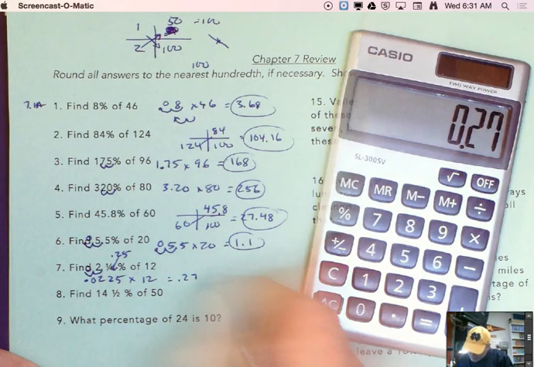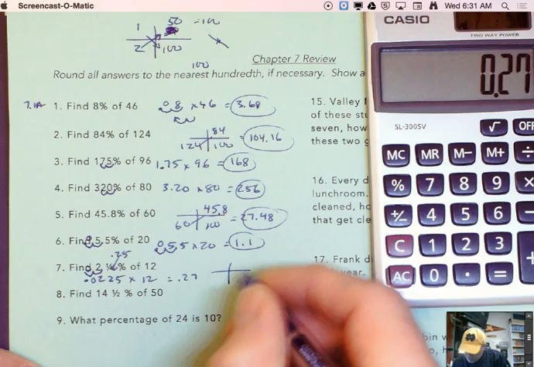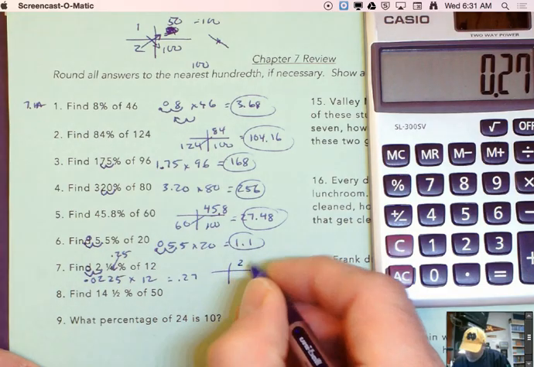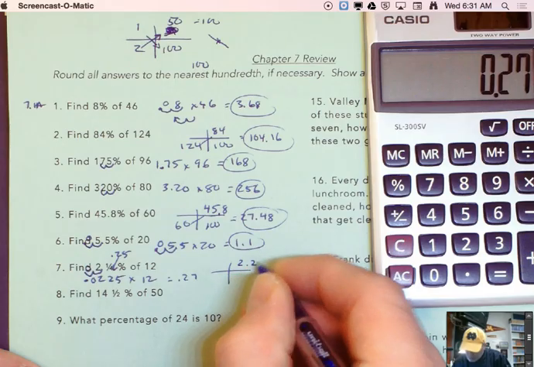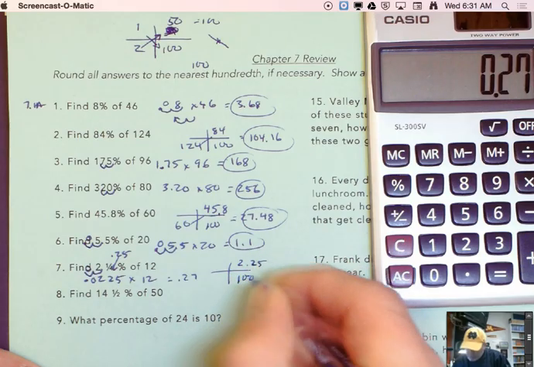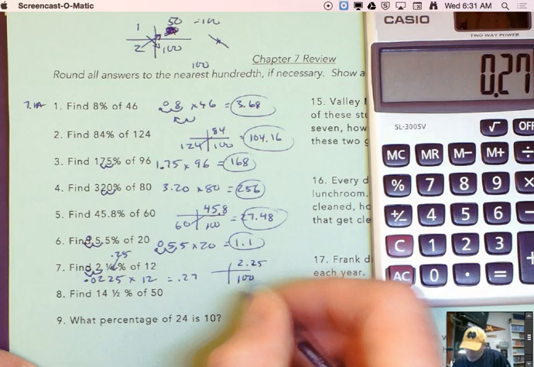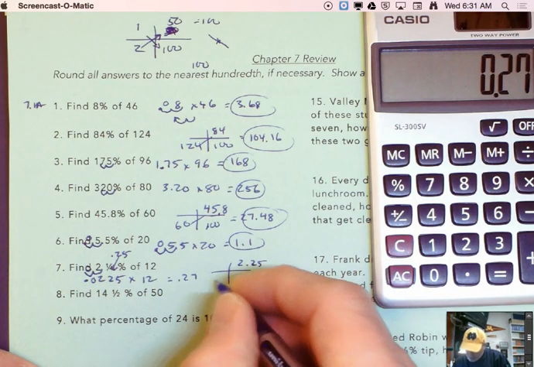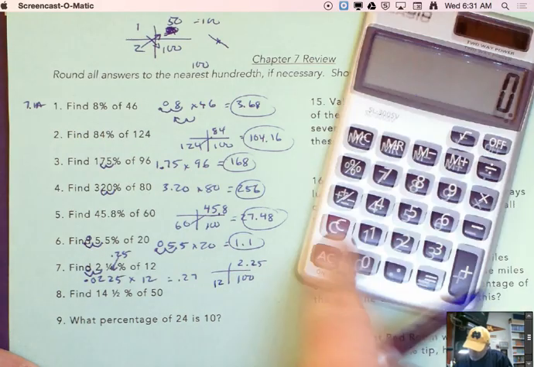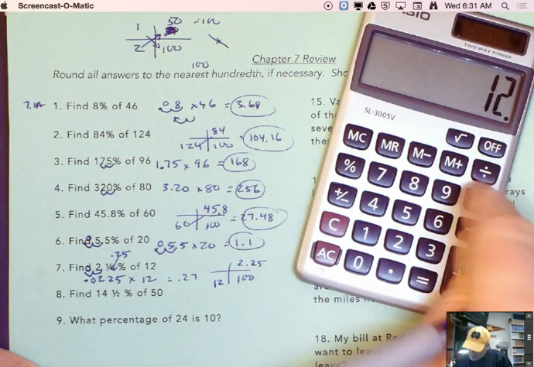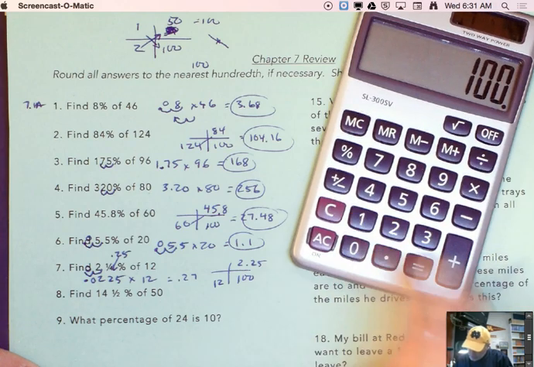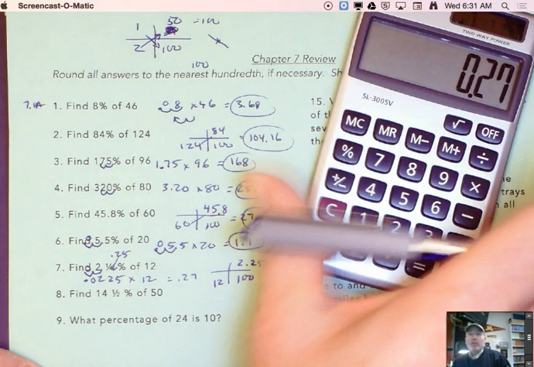If you were to box that one, you would just say that 1/4 is 0.25, because that's the way you write 2 1/4% as a decimal. And of course, just put 12 in here. We should get the same answer. 12 times 2.25 divided by 100 equals the same answer there, 0.27.